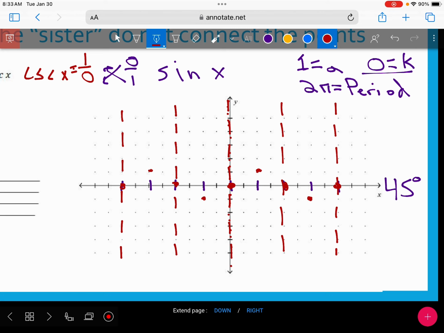Give me a thumbs up if you're with me and plotting those asymptotes at the 0s are making sense.